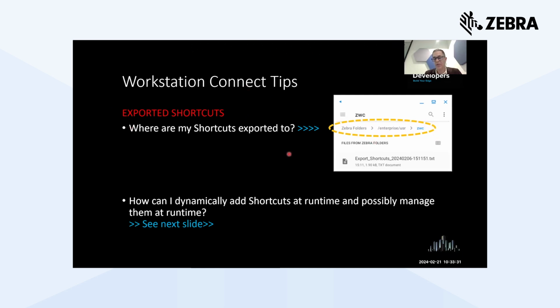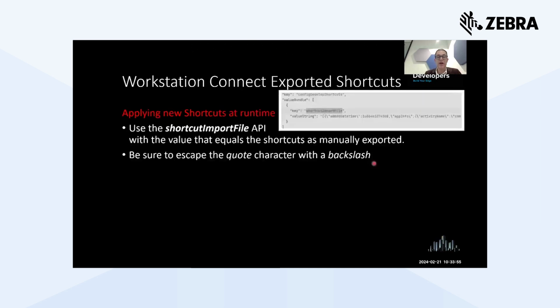It's a menu accessible with the right mouse click to a folder which is automatically chosen. It's called /enterprise/usr/zwc, and it creates a file similar to this with the timestamp, which is different from time to time, of course.